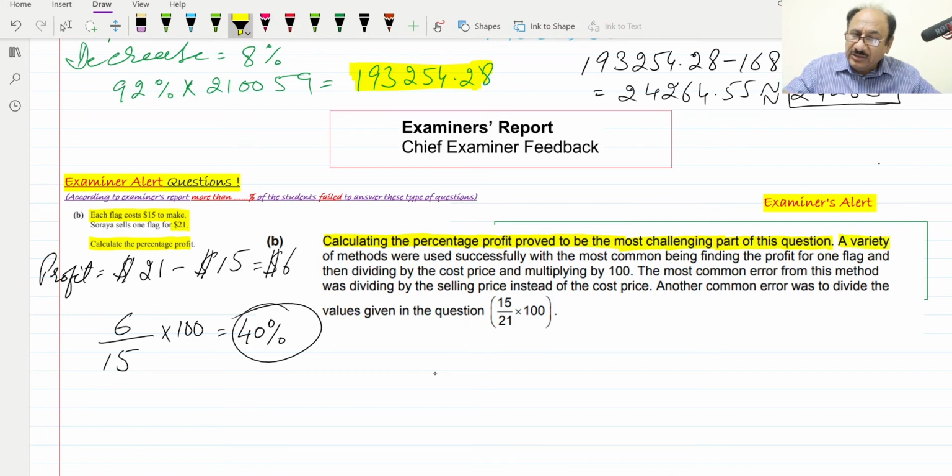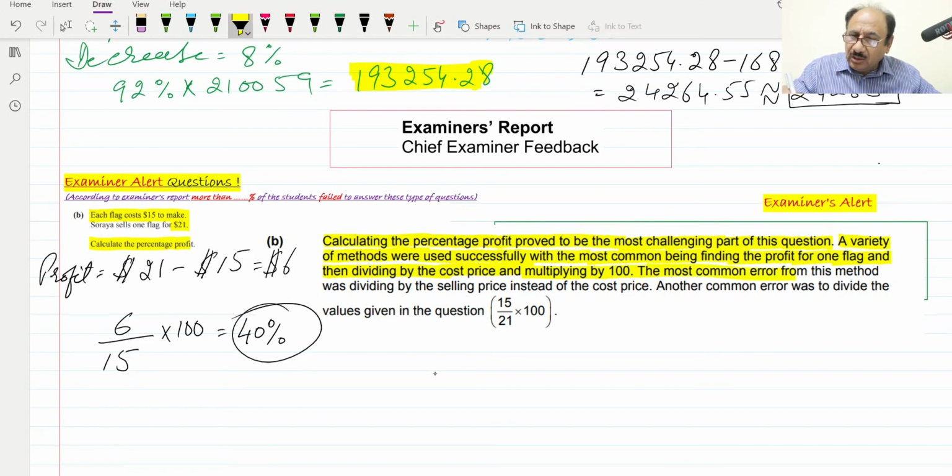A variety of methods were used successfully, with the most common being finding the profit for one flag and then dividing by the cost price and multiplying by 100.